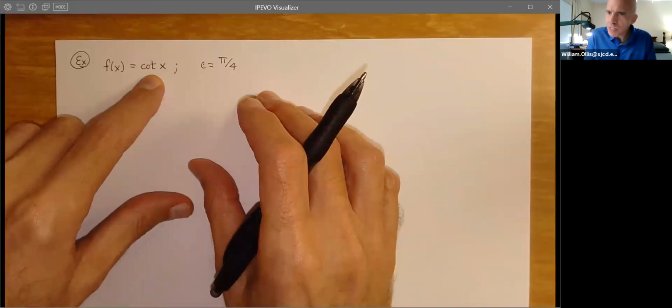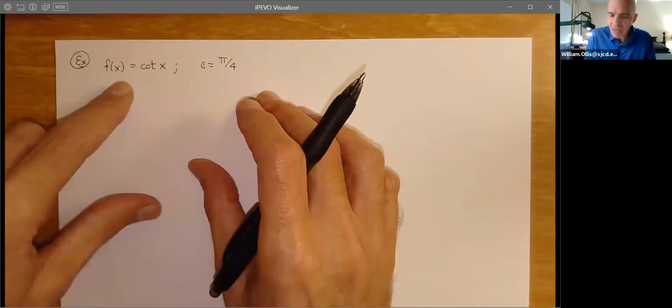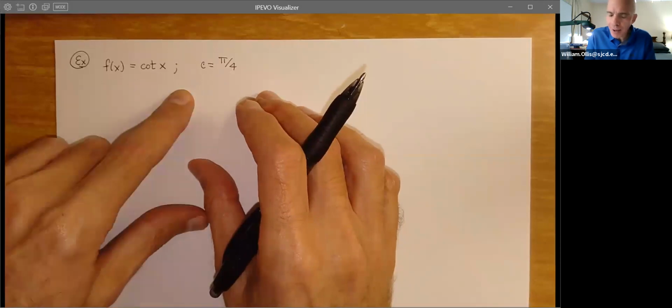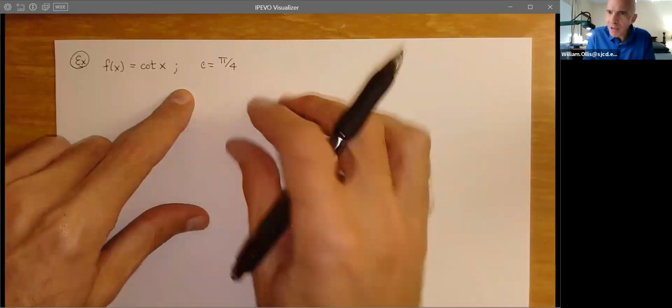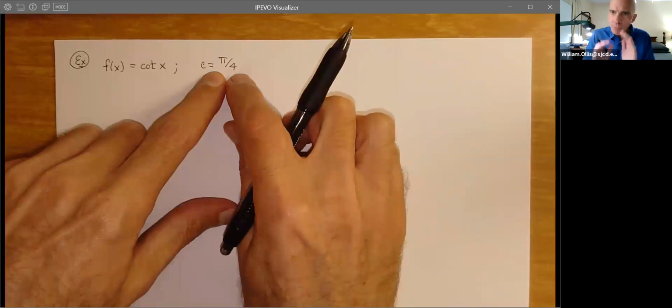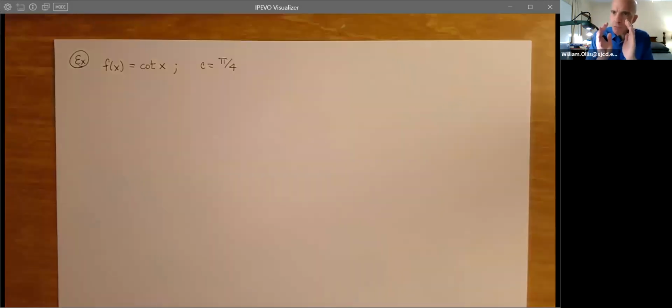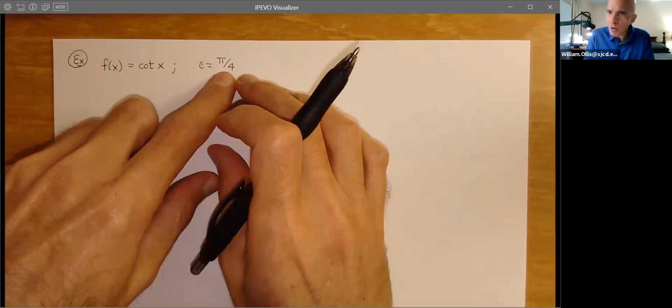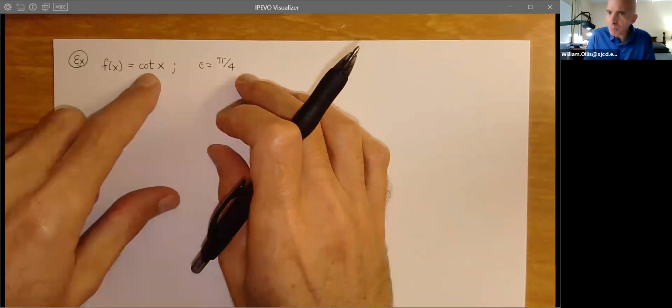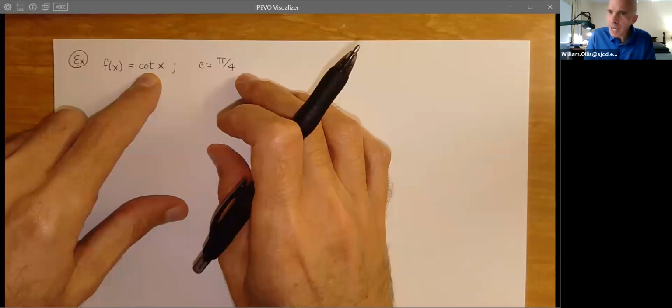And so we have to stay away from zeros like x equals 0, x equals pi. So if we did an expansion here about pi over 4, that's good, but we've got to stay pretty close to pi over 4. We can't venture out too far because then the function becomes infinite. So in this case, we're thinking about staying relatively close to our center point or expansion point, considering what we did in pre-cal and cal 1.